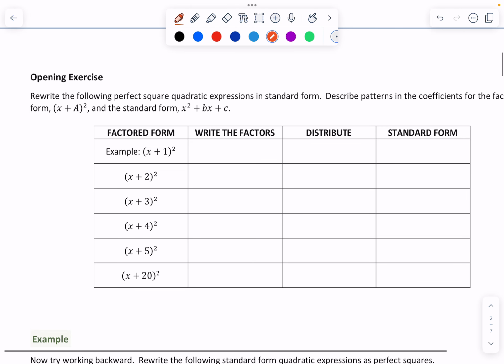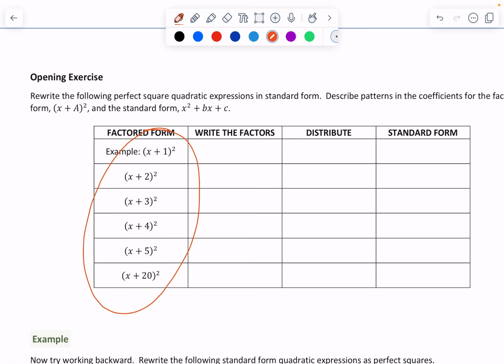We first had to notice the pattern between the factored form of quadratic expressions being squared and the standard form of the quadratic expressions. There's a trick we can use: whatever the a value is, I multiply it by 2 to get the b value and square it to get the c value.